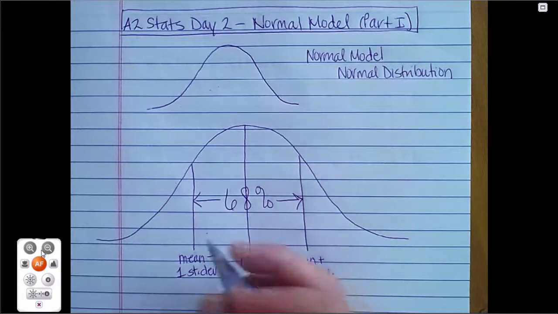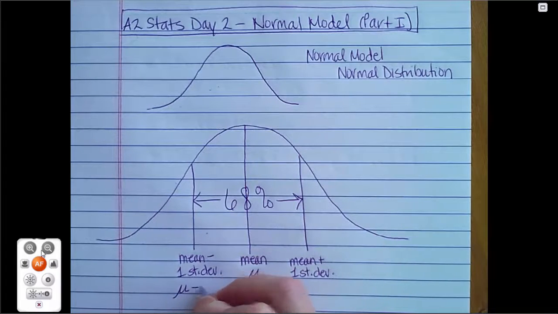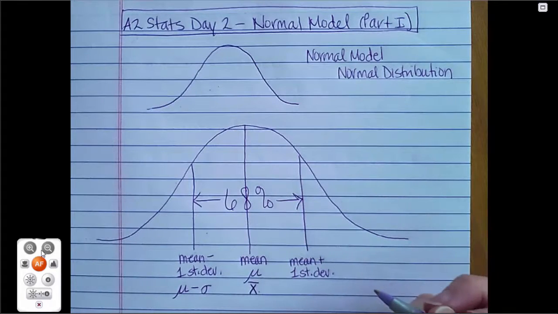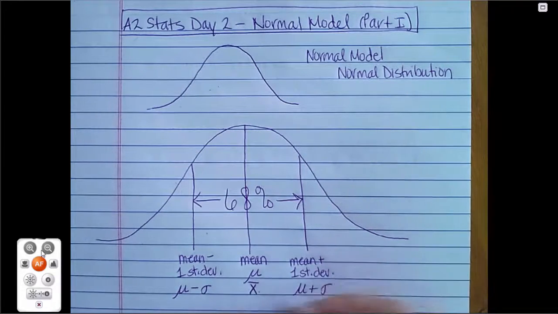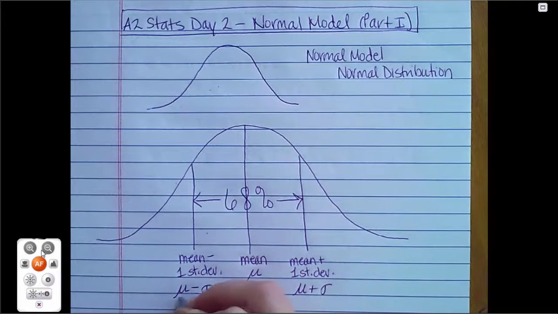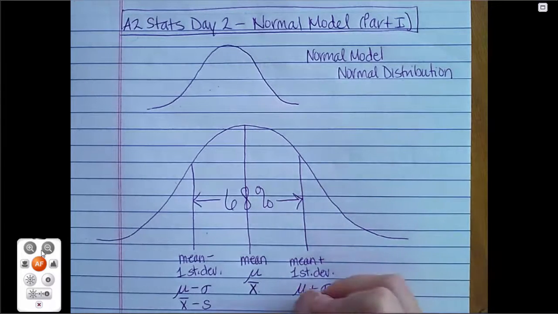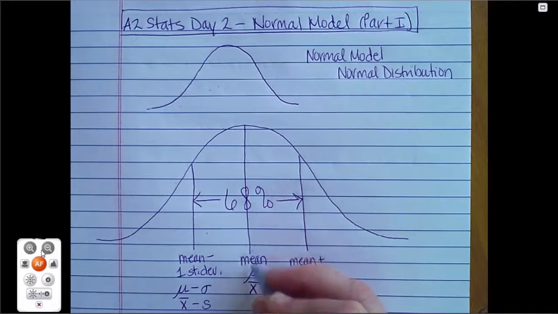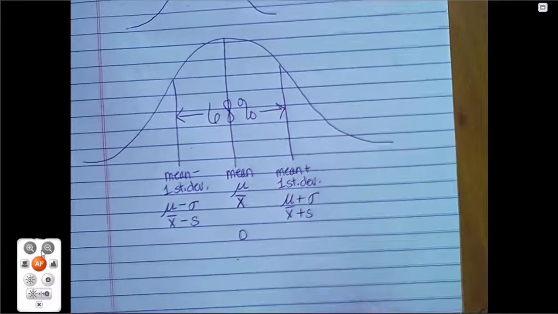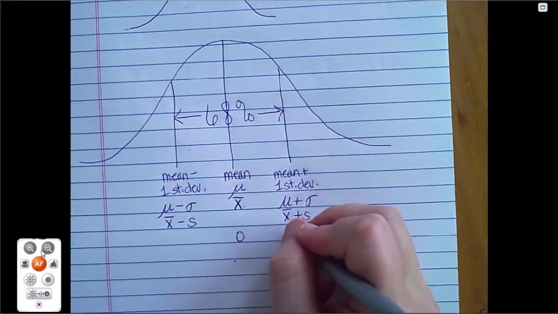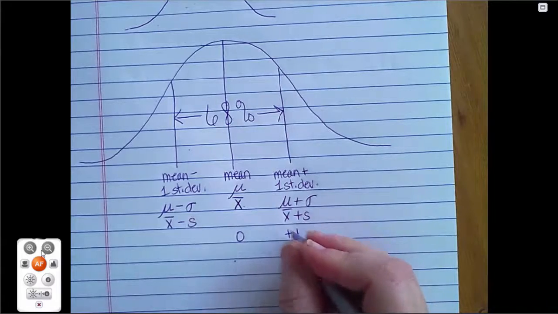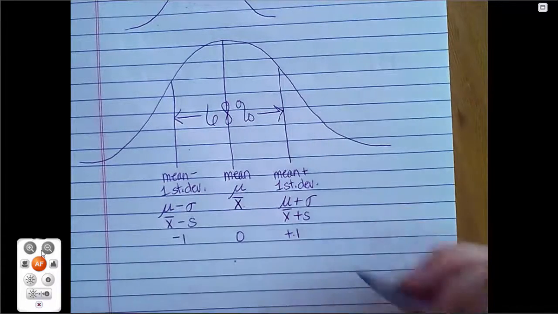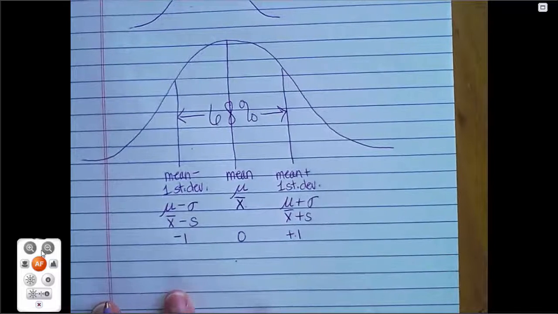In terms of symbols, we might see mu minus sigma, that little cursive O looking thing, that's lowercase sigma, and mu plus sigma. Or if we're talking about a sample, we would say the mean minus s for the standard deviation of a sample, and mean plus s. Sometimes you'll see this referred to as zero distance from the mean, sometimes as +1 for one standard deviation in the positive direction away from the mean, and this is -1. We'll talk about all of those things as we go along. We're just generalizing right now.